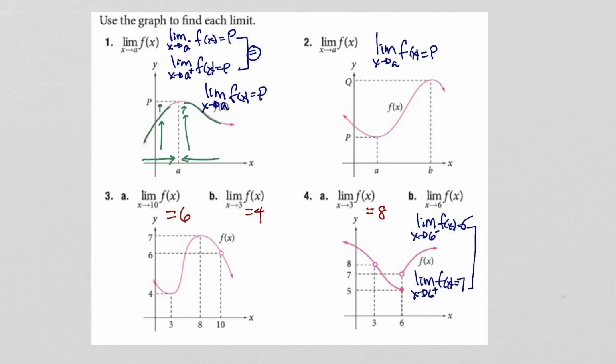And these two numbers are not equal, so we're going to say that this limit does not exist. As you come in from the left, you're approaching 5. As you come in from the right, you're approaching 7. So as you get closer and closer to 6, you're not approaching any one particular number. So we'll describe that by saying the limit does not exist.